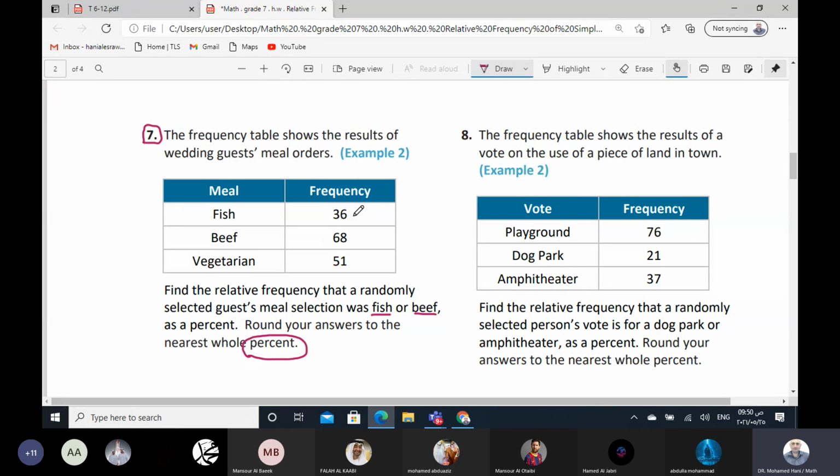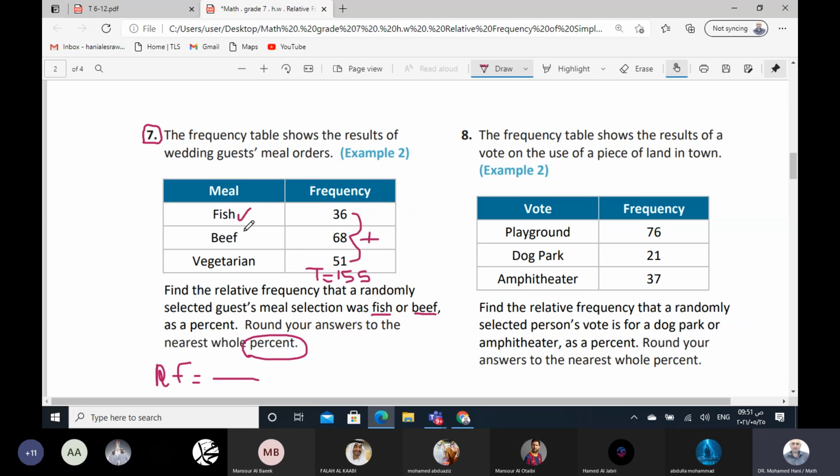Okay, check with me please. The first step, find the total. 63 plus 86 plus 51. So the total will be 155. Then the relative frequency: we want fish or beef.